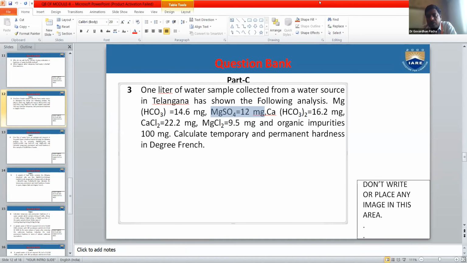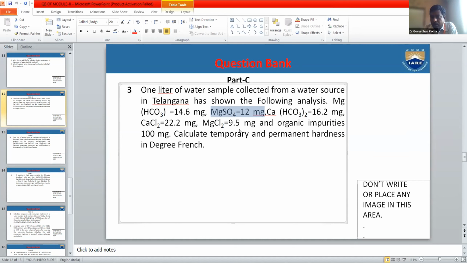Out of all, calcium carbonate alone is the most insoluble salt. That's why hardness is always expressed in terms of calcium carbonate. So by using that formula, these milligram quantities are converted into parts per million.